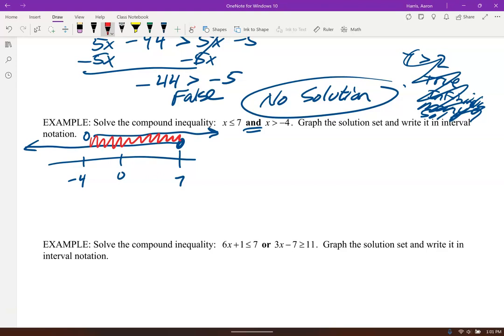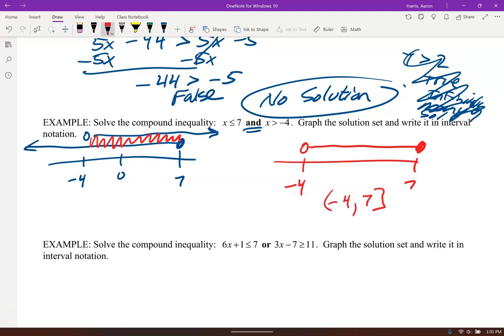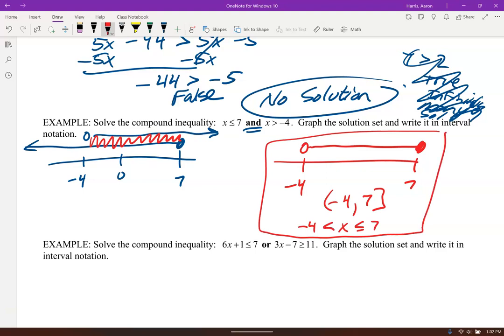So our solution set will be from negative 4, not including negative 4, up to 7, including 7. In interval notation, that'll be negative 4, parenthesis, up to 7, bracket. If you want to put them together, it's less than or equal to 7, greater than negative 4. Okay, that's your set notation on the bottom.